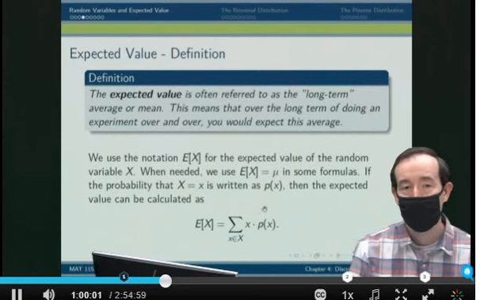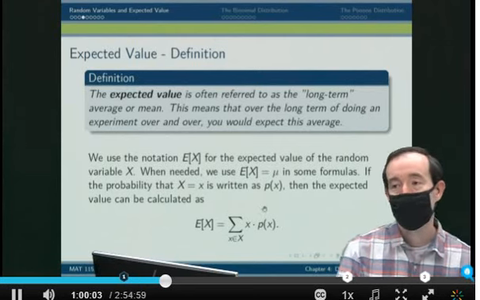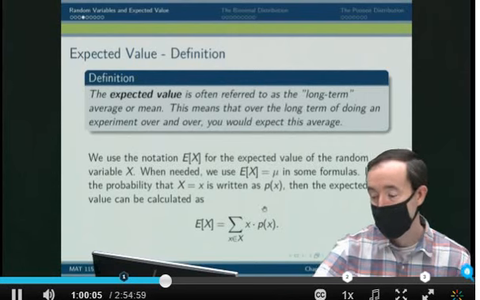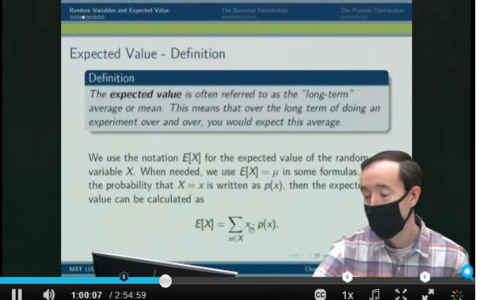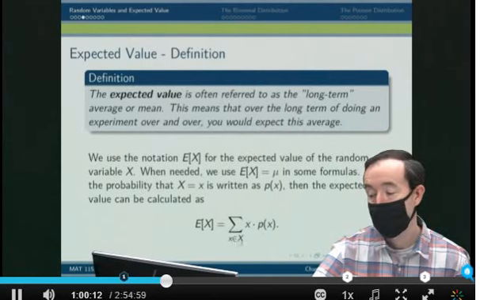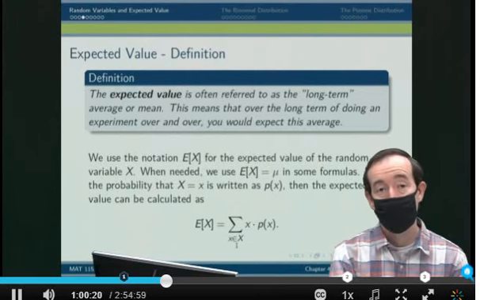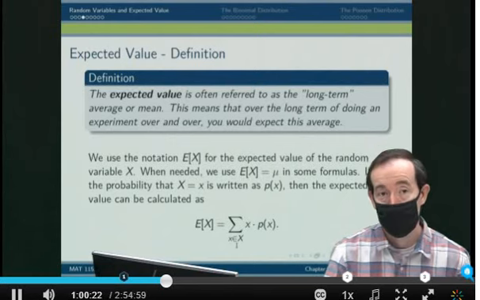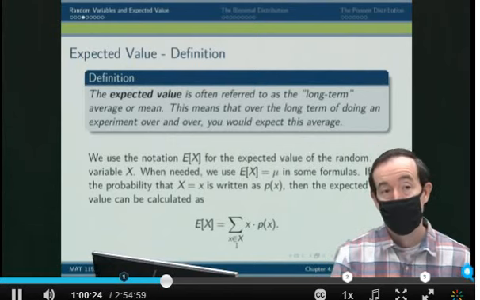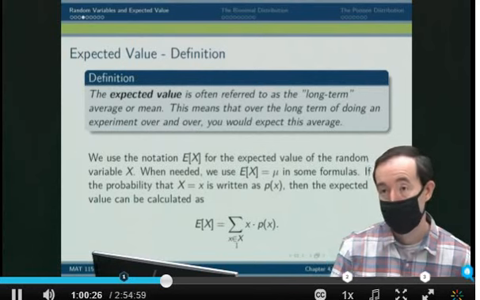It's a Greek letter sigma, the capital sigma, and it stands for a sum. So what it says is I want to add up x times p of x across all the values of my random variable. So I think about all the different values it can take. For each of those values, I take the value times its probability and add those results together. That's a weighted average that stands for the expected value in this case.